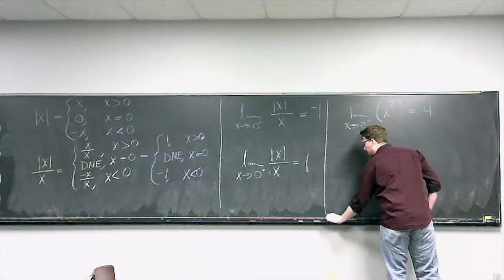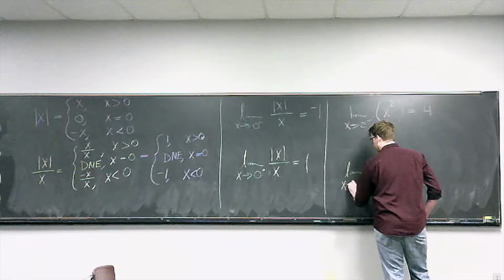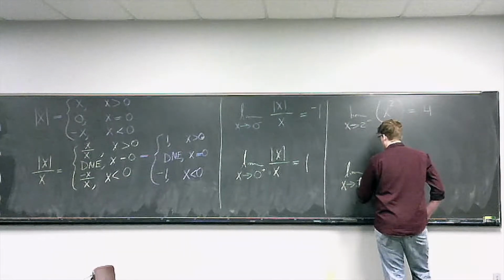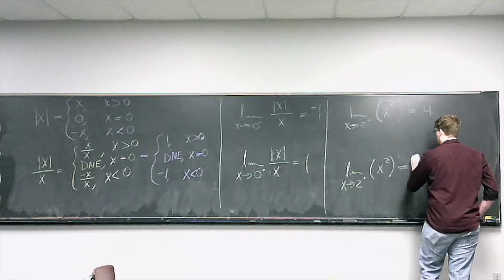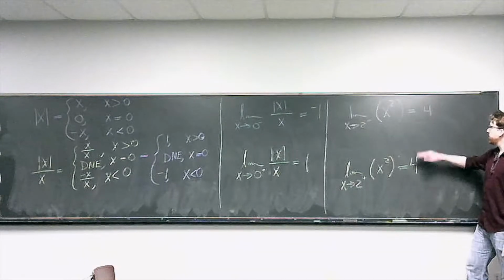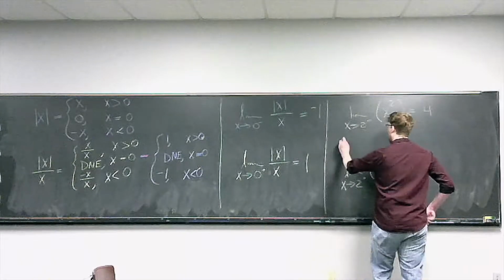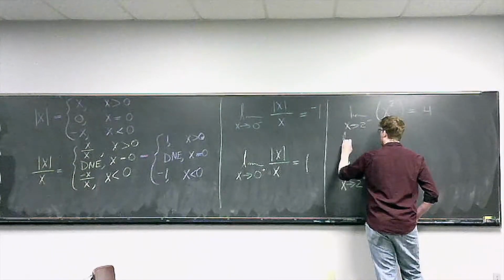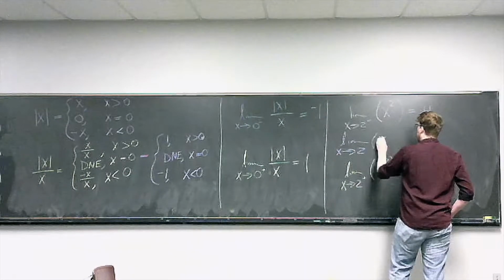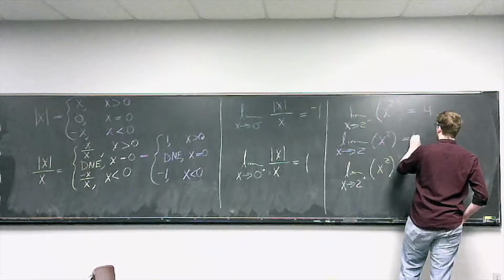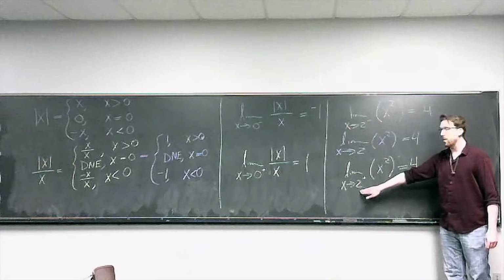And the limit from the right, well, that's going to end up being 4 as well. And since these two things are equal, we can say that the limit as x approaches 2 of x squared is equal to 4. But we can only say that because the limit from the left and the limit from the right are equal.